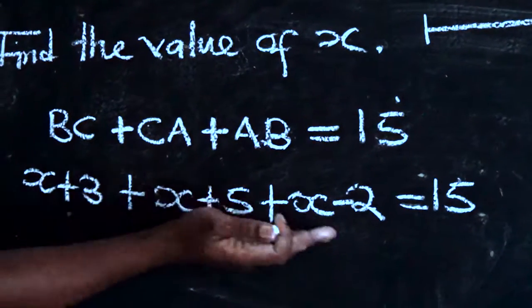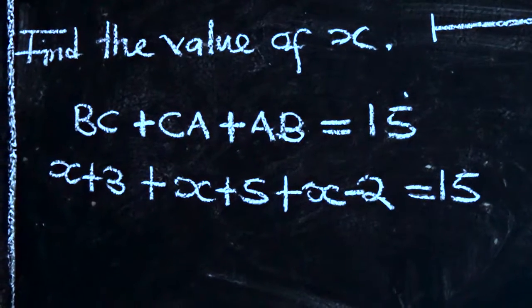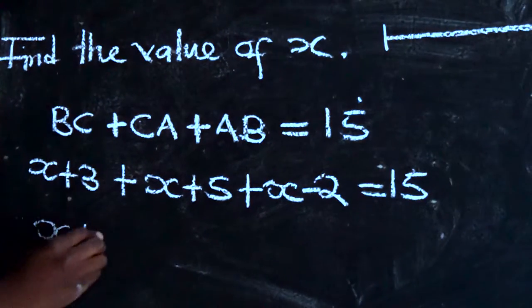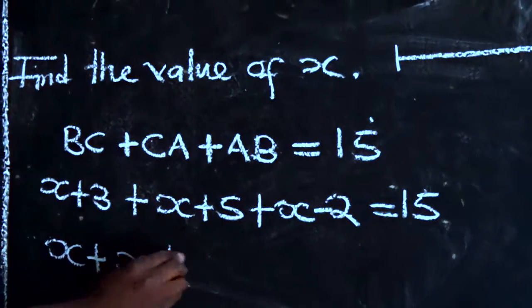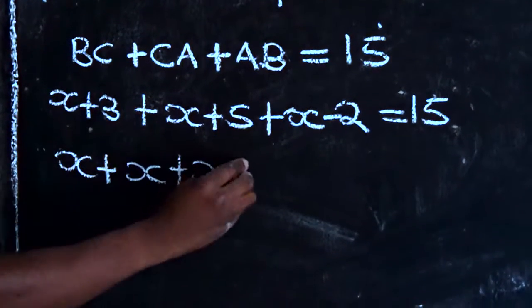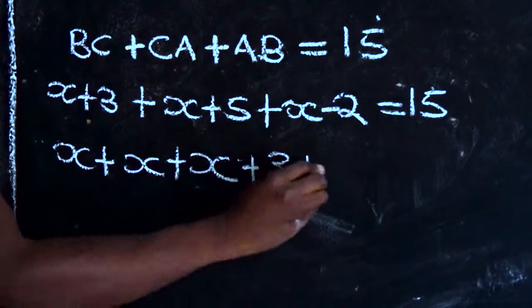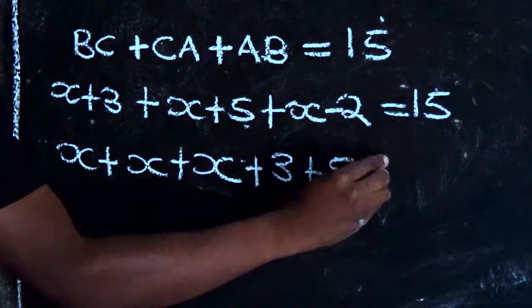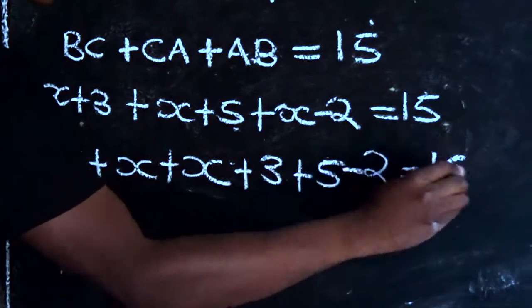Then at this level, we are going to add like terms. So you can say x plus x plus x. Okay? Then what do we have? We have 3 plus 3 plus 5 minus 2 is equivalent to what? 15.